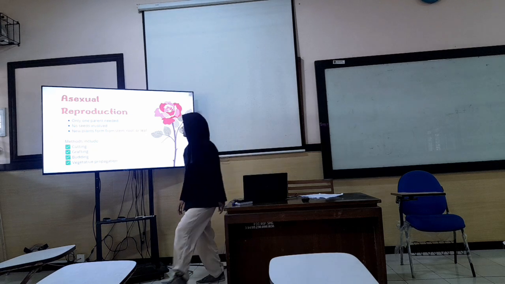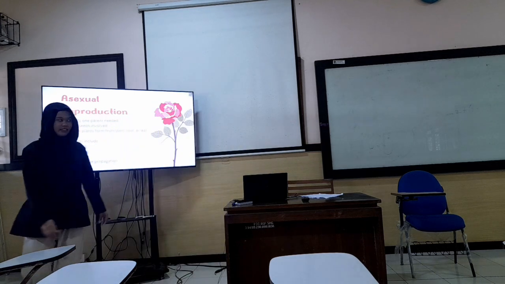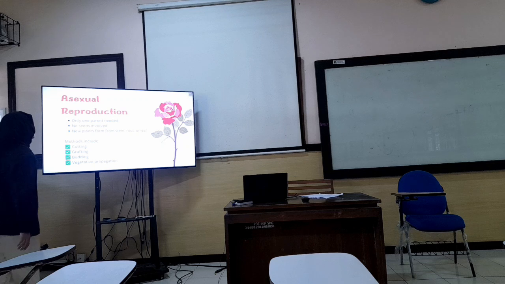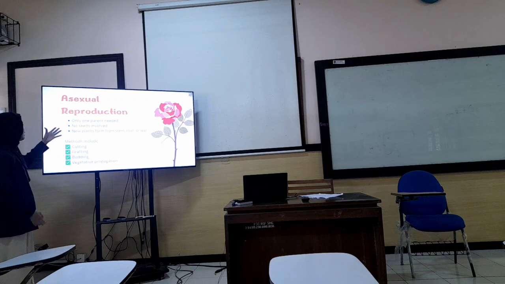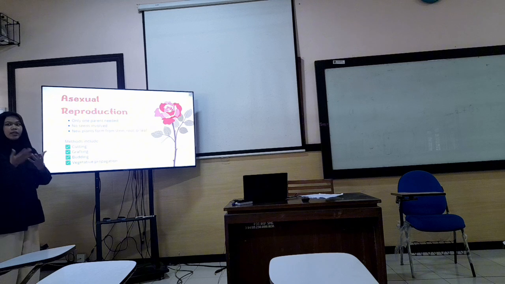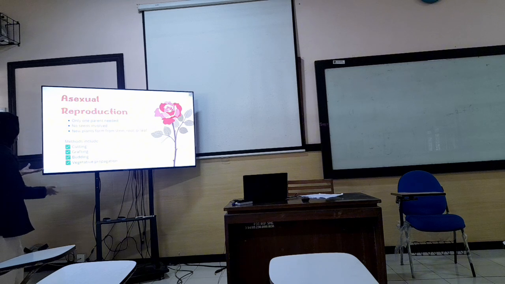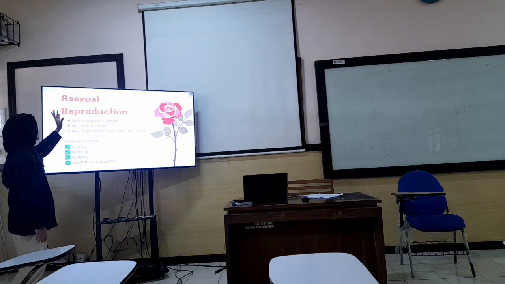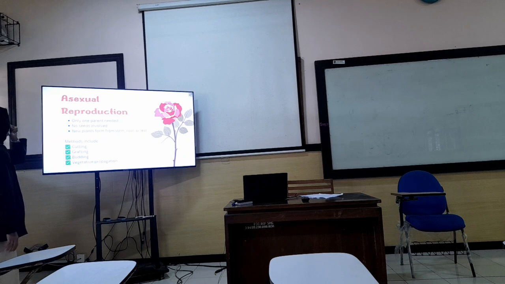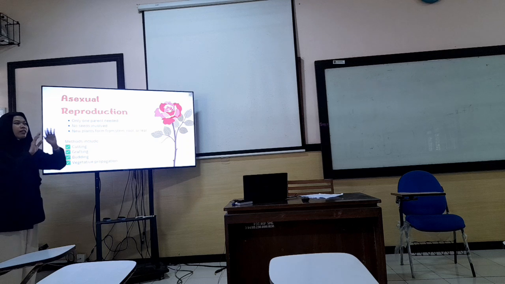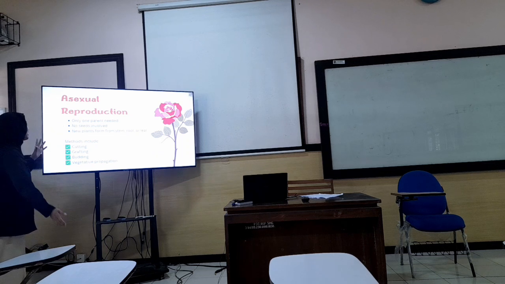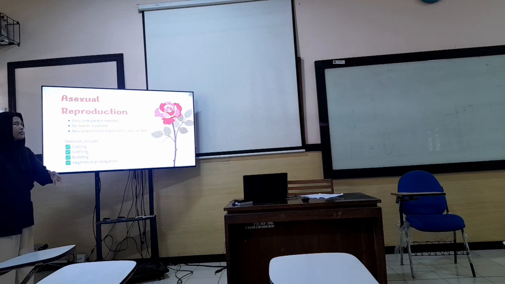And the next part is this very interesting one, because how plants reproduce without any flowers and any seed. So this is called asexual reproduction. So in asexual reproduction, only one parent is needed. It doesn't need ovule, doesn't need fertilization, pollination, something like that.